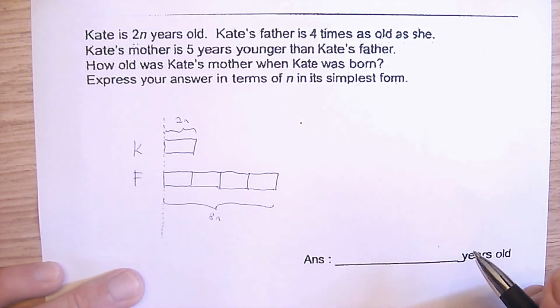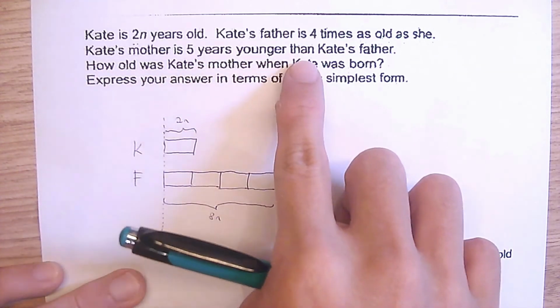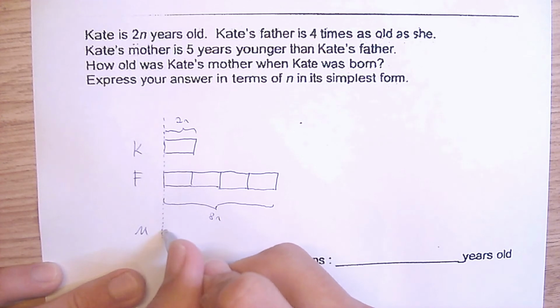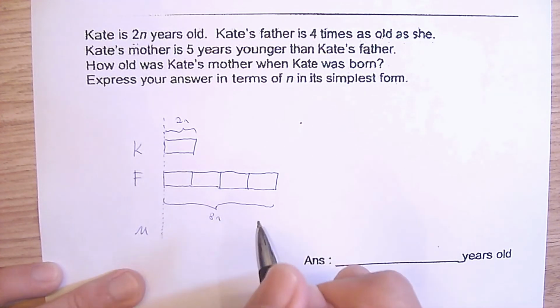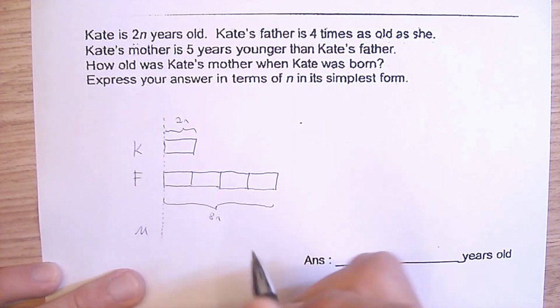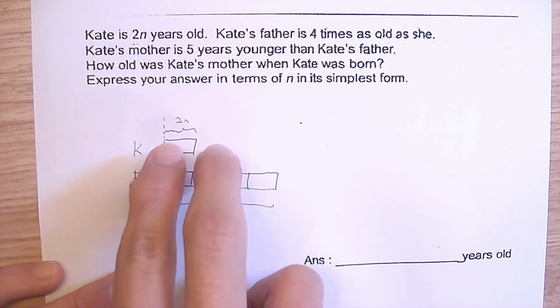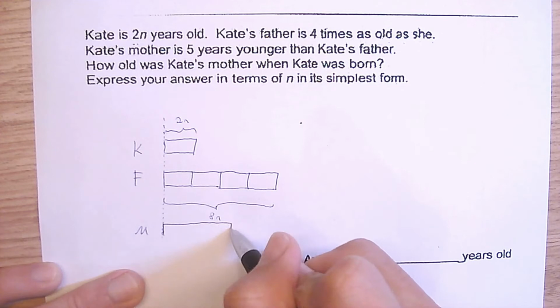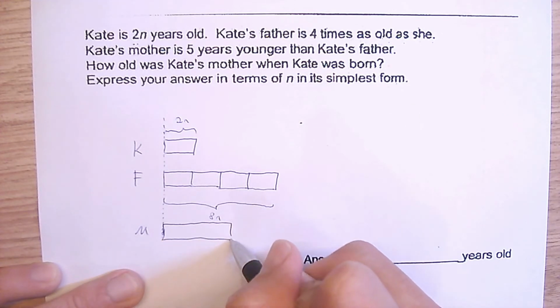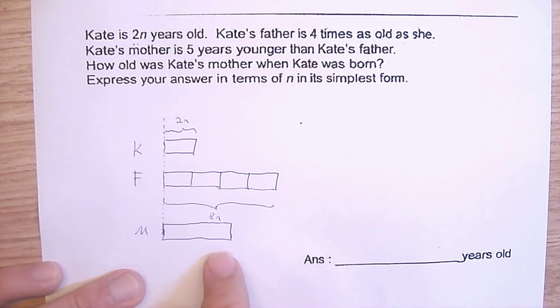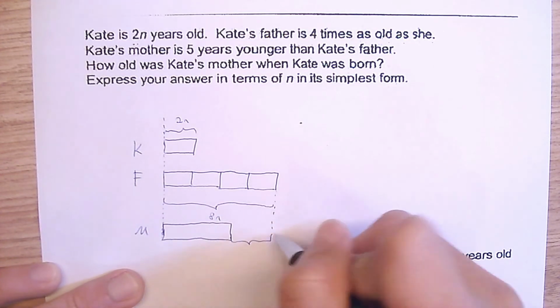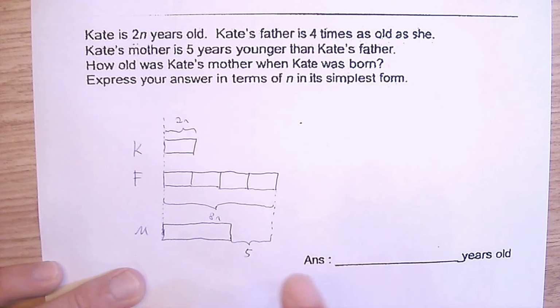Then they said that Kate's mother is 5 years younger than Kate's father, which means that I do not know how long the bar is supposed to be. The only thing I know is that the bar for the mother must be shorter than the father and longer than Kate. So what can I do? I just draw a bar like this. That's all I need to do. And then I have to indicate that this is 5.